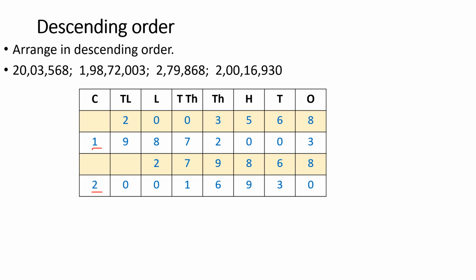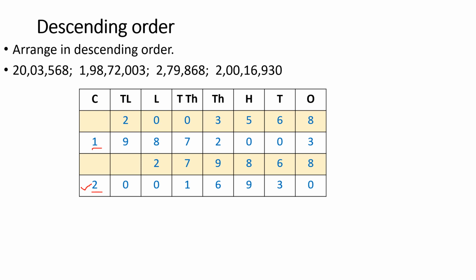These two numerals have 8 digits, and this numeral has 7 digits and this numeral has 6 digits. So definitely 8 digits are greater than other. So that's why these two numerals we will consider for the largest one. And here we will compare the digit. Here is 1 and here is 2. So which one is the largest? This one. This one is the largest digit. So that's why it will come first.